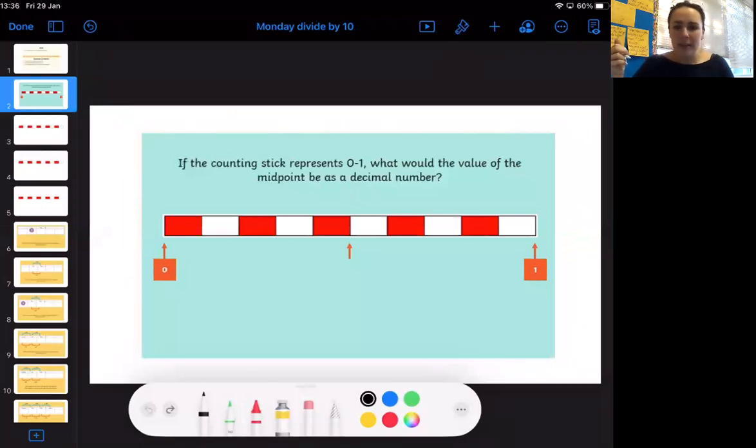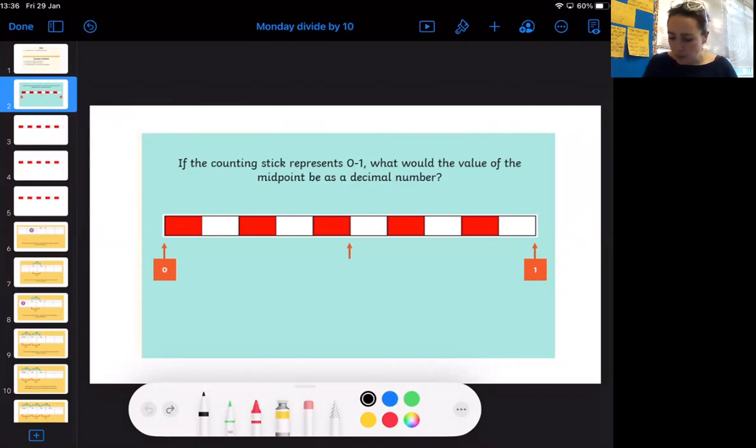Let's have a look at a counting stick, and this is something you have been familiar with in class. If you get yourself a pen and a piece of paper, you can pause the video if you want, then you can have a go at filling out this number line. So draw the number stick in front of you and fill it out thinking about the value of the midpoint as a decimal number. So pause it now.